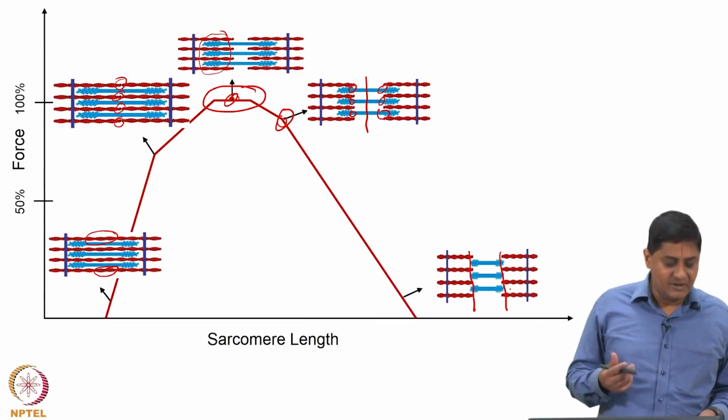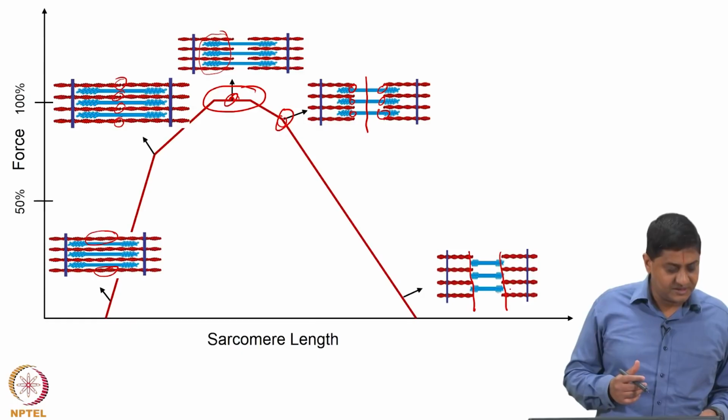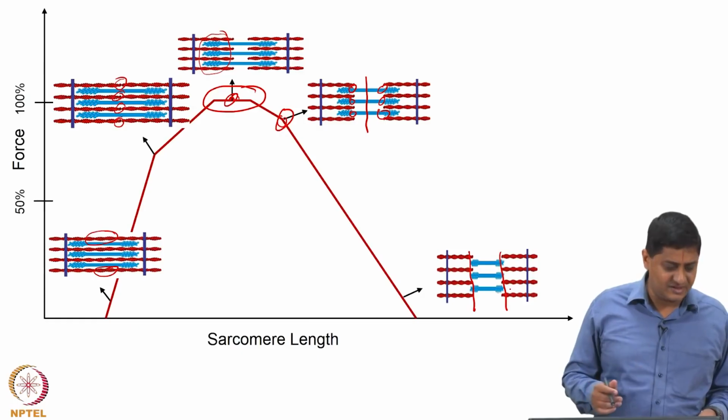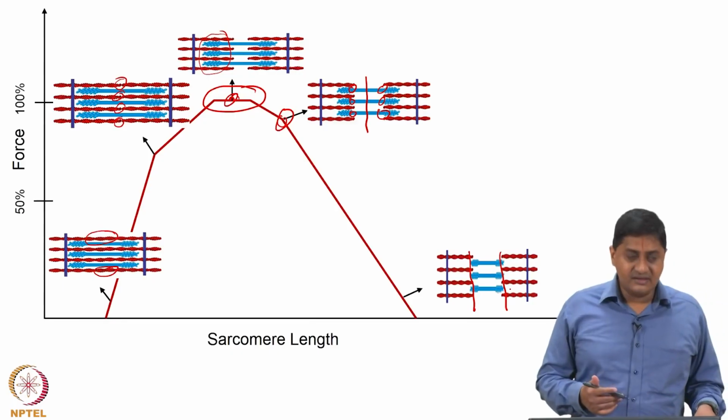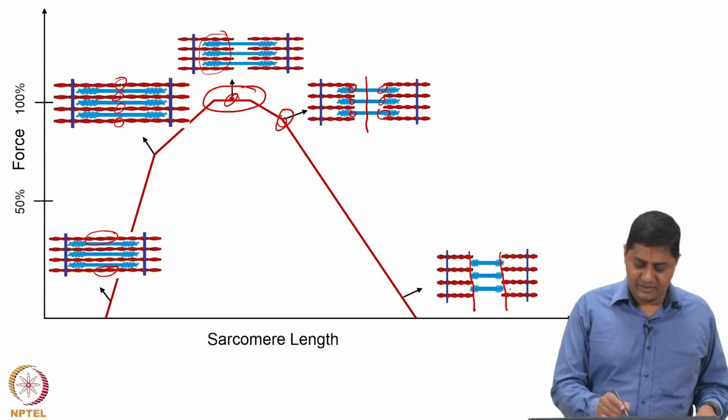So, this is minimal for small deviations, but the tension drops off much more rapidly, at a much higher slope, as the length deviates further from the optimal length.